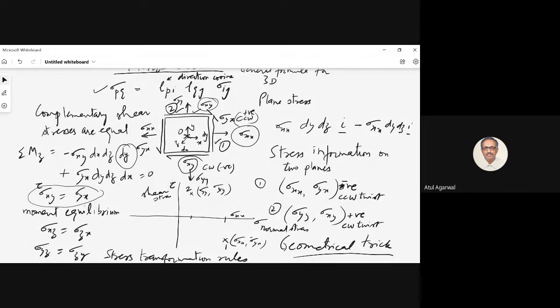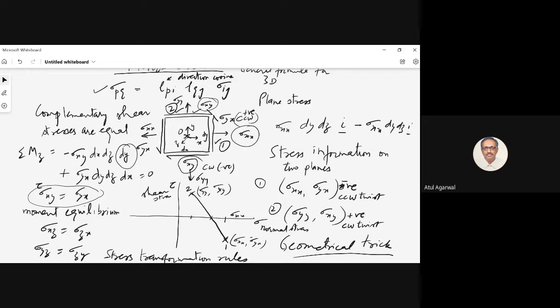Kevalish, is it clear? Yes, sir. So I've just plotted 2 points on a piece of paper where my coordinate axes are normal stress and shear stress. Now I can join these 2 points. So what is the midpoint?